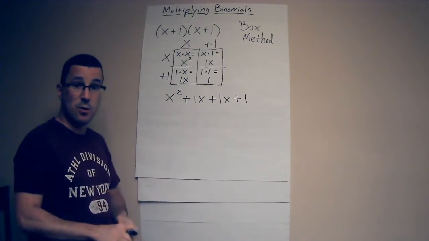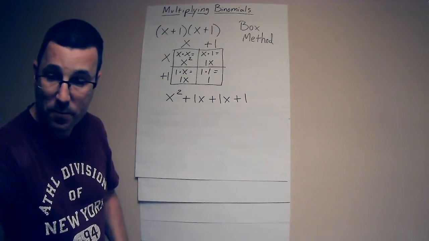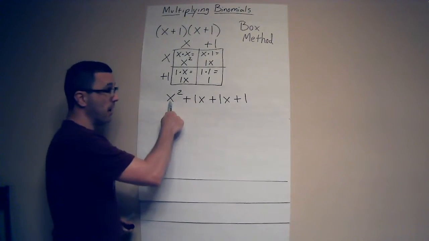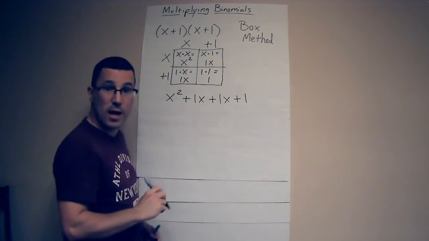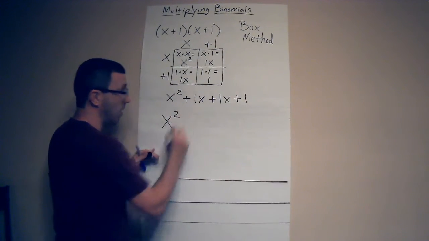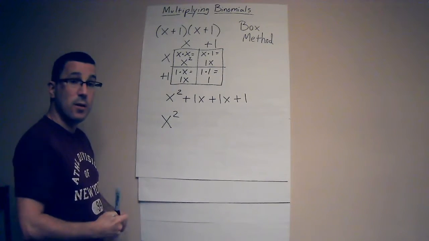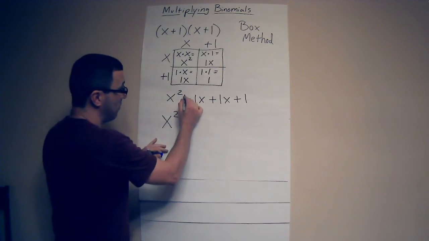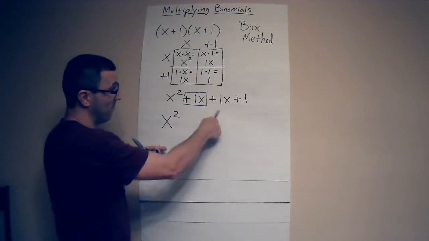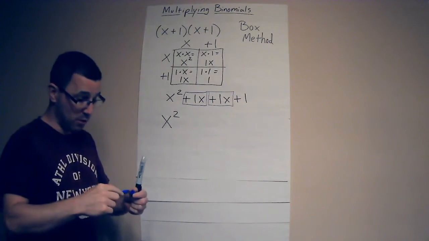The next thing I'm going to do is I'm going to look and see, do I have any like terms? So I'm going to look. I have this x squared, no other x squared terms, so I'm going to write my x squared down. Next, when I look, I see I have this plus 1x, and I have another x term, which is plus 1x.